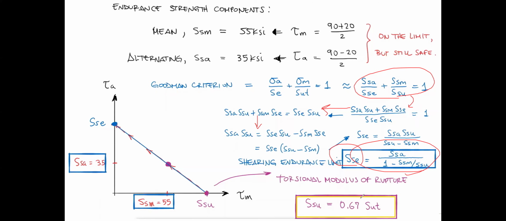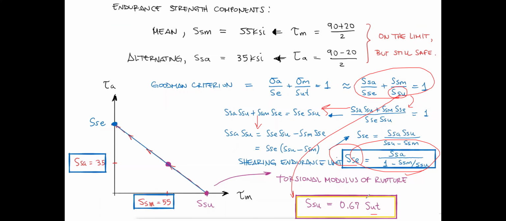And the SSU here, the ultimate shear stress, which can also be regarded as the torsional modulus of rupture, can be evaluated by the relation that SSU equals 67% of the SUT.